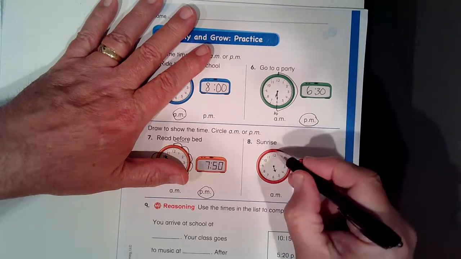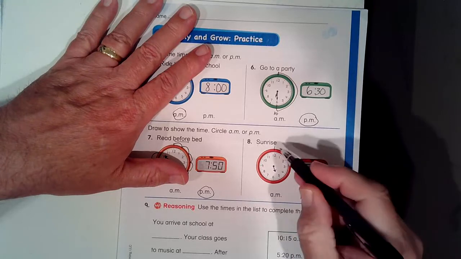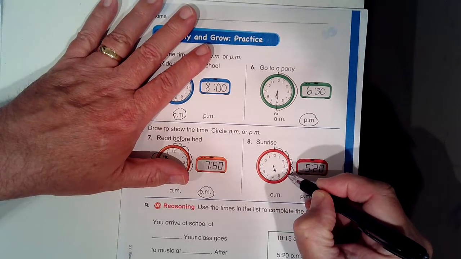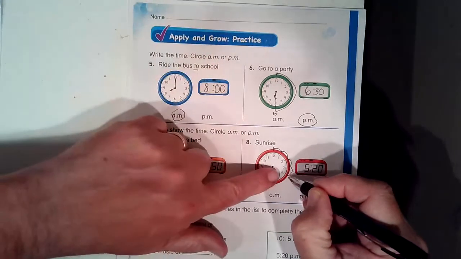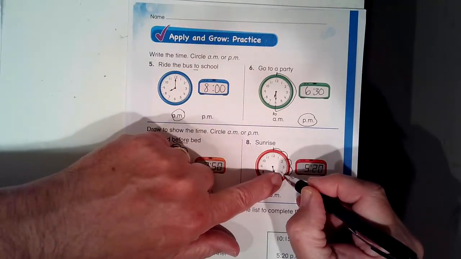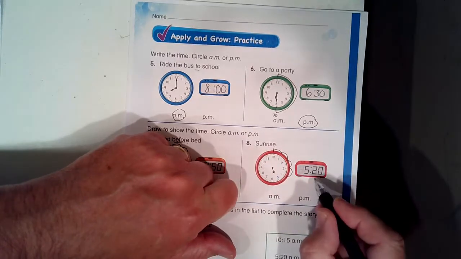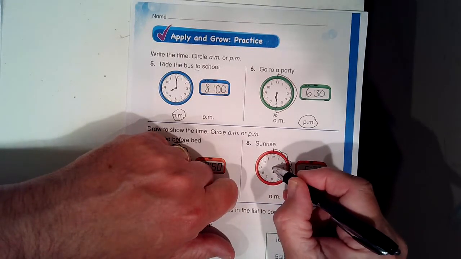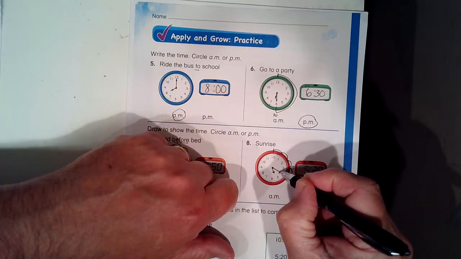And 20, let's see, I'm going to start at the 12. 5, 10, 15, 20. So I stop at the 4. 4 sets of 5 equals 20. So I'm going to draw my minute hand right there.